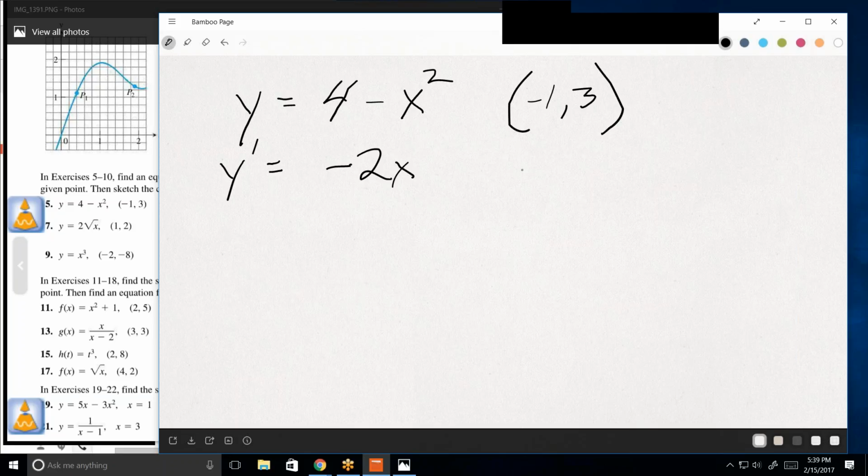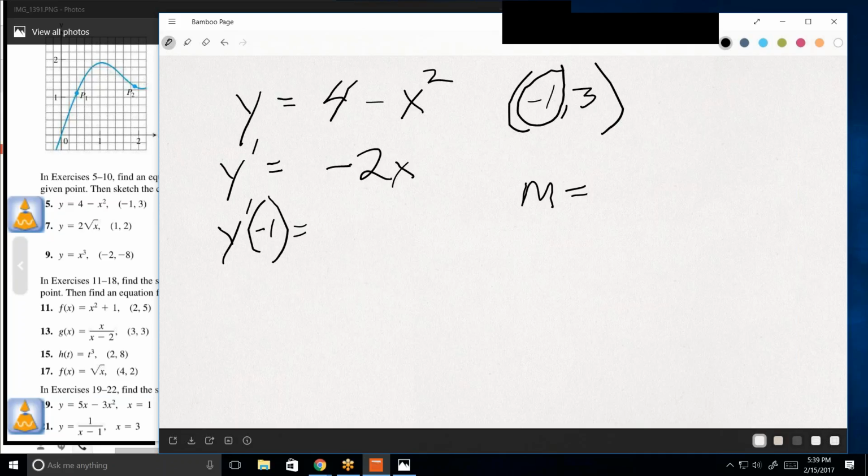Okay? So what's the slope at the point x equals minus 1? In other words, what is y prime of minus 1 equal to? Plug it in for x. Plug that minus 1 in for x.